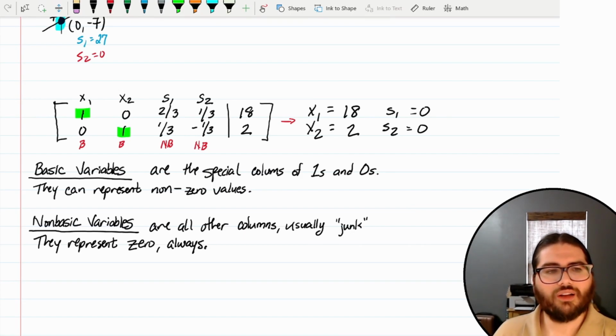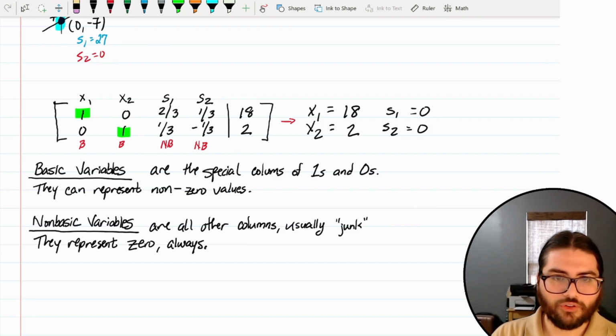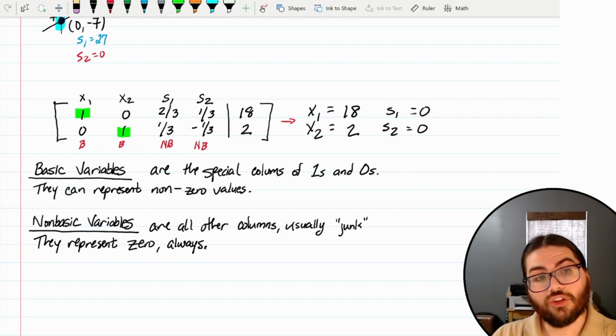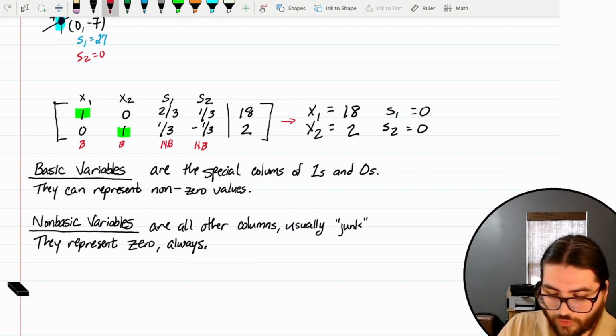When it comes down to it, I've got basic variables and non-basic variables. And notice that when I've got my basics and non-basics, I can check, is this a feasible solution? Are x1 and x2 greater than 0? Yeah. Are s1 and s2 greater than 0? Yeah. All of my variables are positive, so this represents a feasible solution.